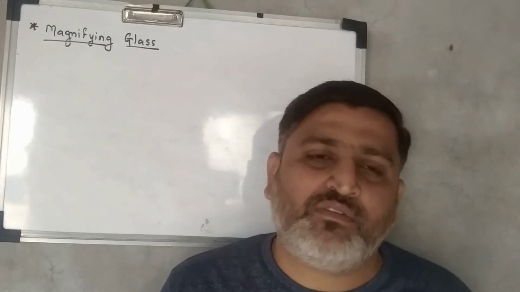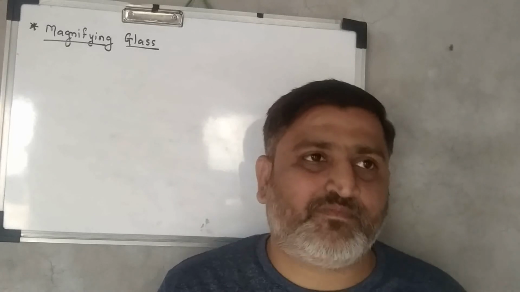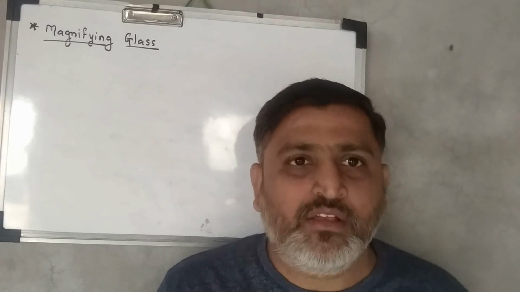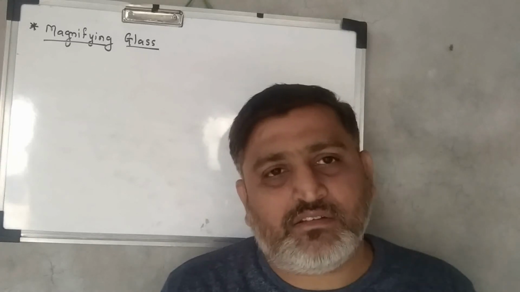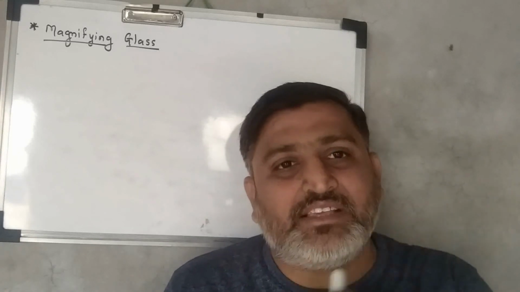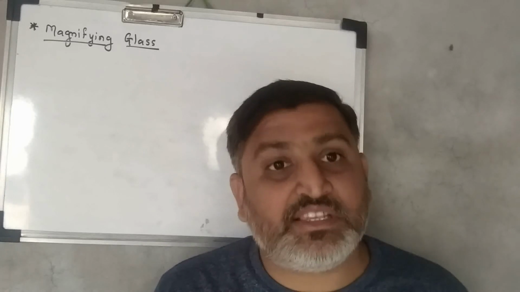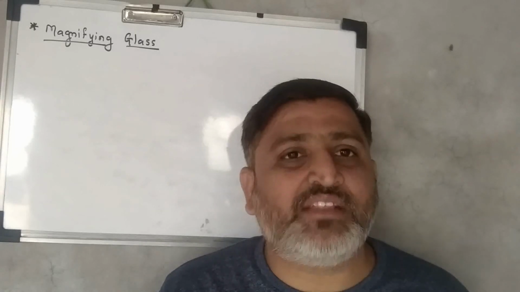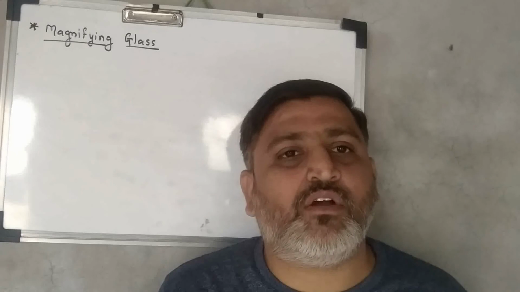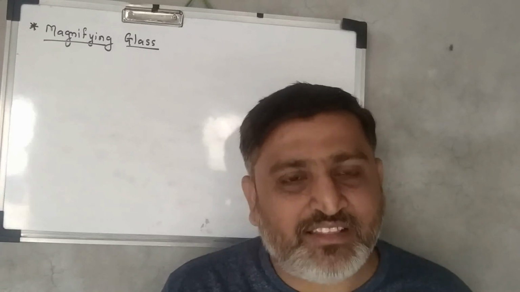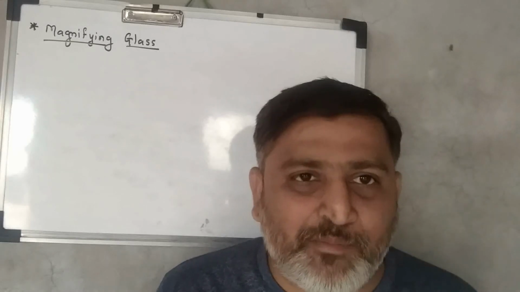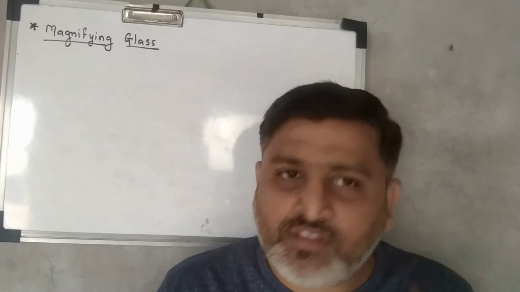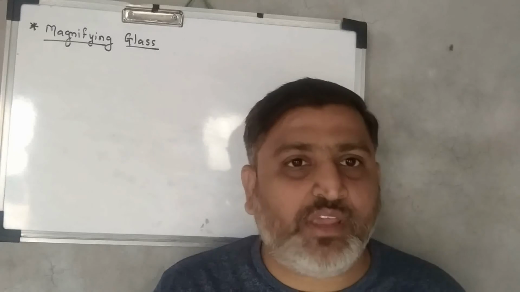And we know the function of this magnifying glass, okay? But this magnifying glass acts as case 6 of the convex lens. Keep in mind, case 6 of the convex lens means when the object is between the focal length, then the image formed is virtual, upright, and magnified on the same side as the object, okay?